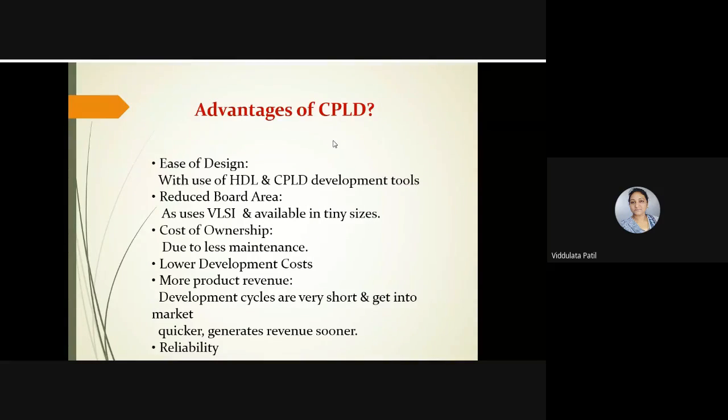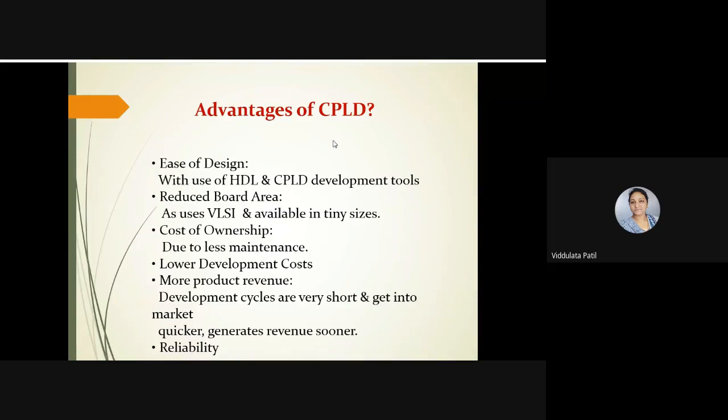Okay, so that is again an advantage. Now, due to less maintenance, we require less cost. For a CPLD, very little maintenance is required for that board. So that is again an advantage, and lower development cost is also one of the advantages of CPLD.